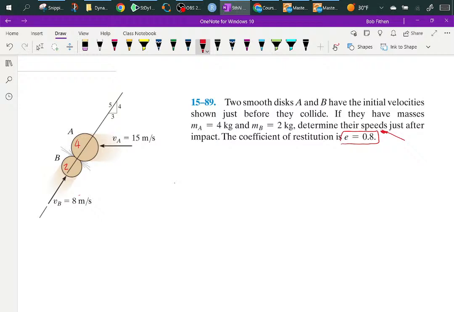So the first thing I'm going to do, it is true I can set a coordinate system up like this, but it is also true I can set one up like this.